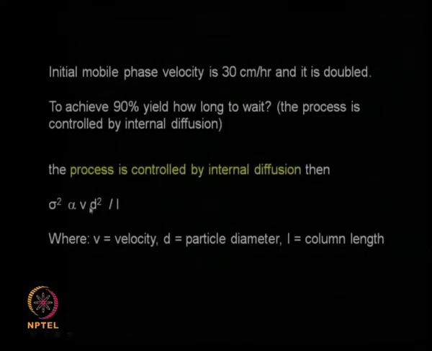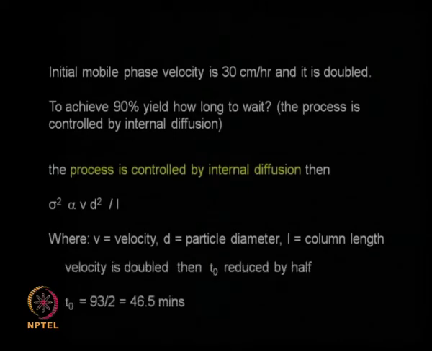Okay. So I will get a new sigma, I know the old sigma, so with the new sigma I substitute, so I should get a different time. Okay. So now I have doubled, so my retention time was originally 93 minutes for 30 centimeter per hour, now I have doubled it, so my retention time becomes half of that, 46.5 minutes.